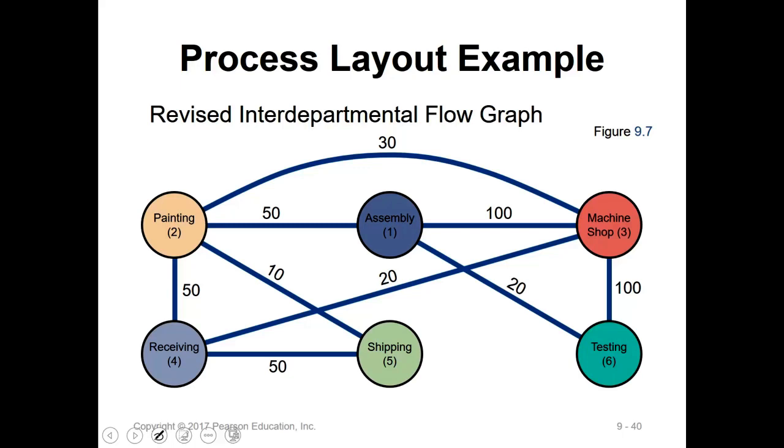In this process layout example, we really want to address the high material handling need first. So 100 and 100, that's the highest priority, you want to consider putting 1 and 3 together. And then you also want to consider putting 3 and 6 together. And then the next requirement, these are the 50 and 50.